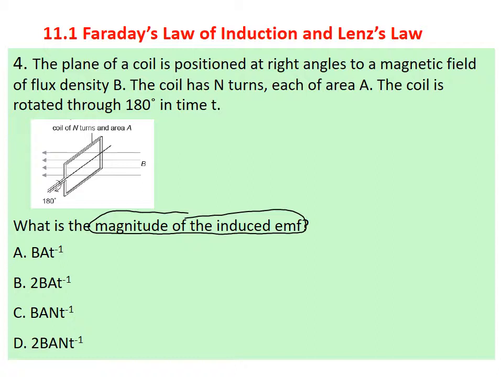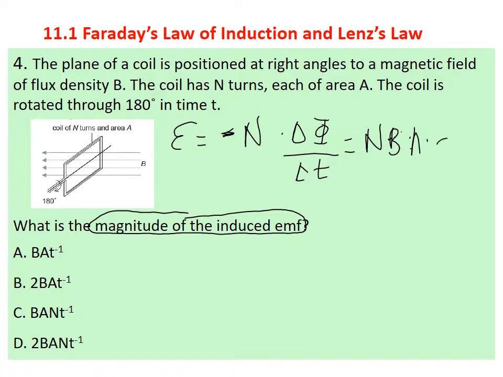I'm going to take this equation, Faraday's law, epsilon equals negative N times delta phi over delta t. And we're going to leave off the negative sign because we don't care about direction. I'm going to expand delta phi over delta t to be N times B times A times cosine theta over t.